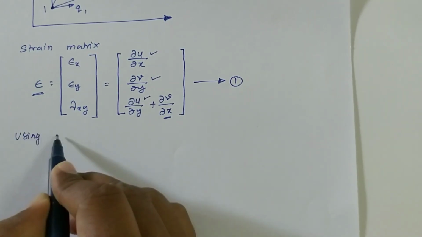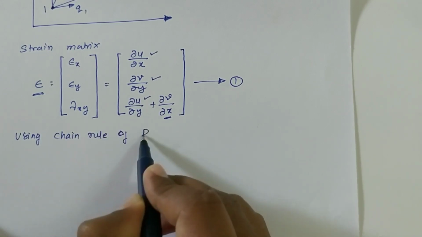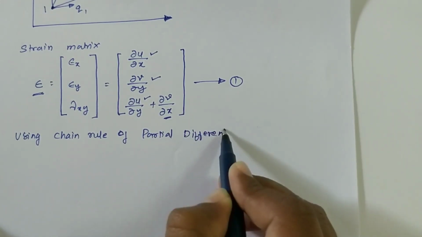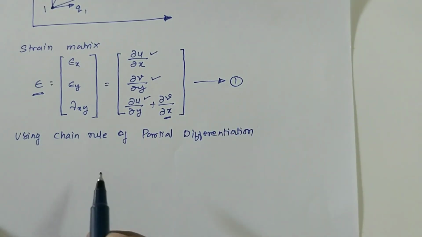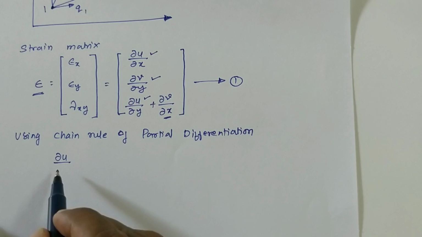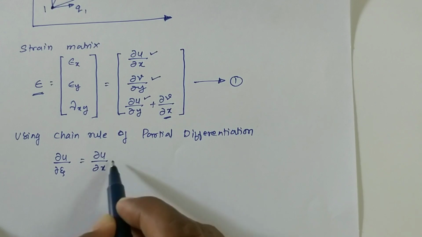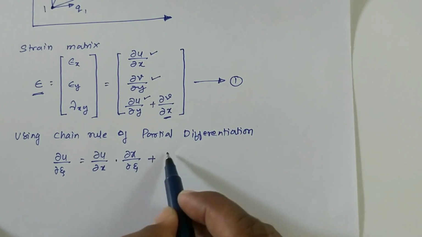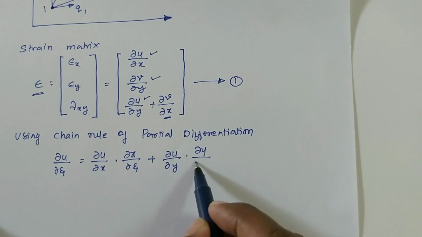Using chain rule of partial differentiation, and here we'll be using a natural coordinate system. So dou u by dou zeta can be written as dou u by dou x into dou x by dou zeta plus dou u by dou y into dou y by dou zeta.